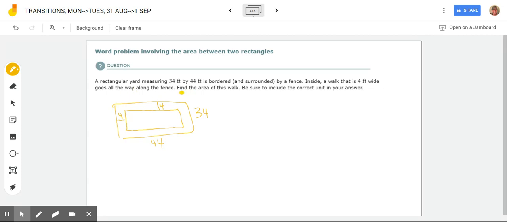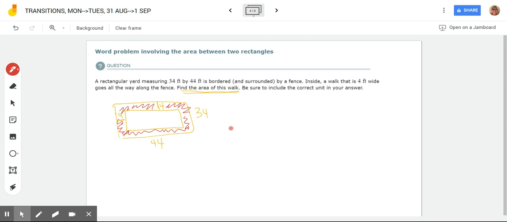It says find the area of this walk. Now you could sit here and cut this into rectangles and try to figure things out, but don't bother. The easiest way to do this is to again think about subtraction. The area of the walkway. Think about this as if you were, how would you create this shape? If I asked you to create this shape with paper and I gave you a scissors, what would you do?